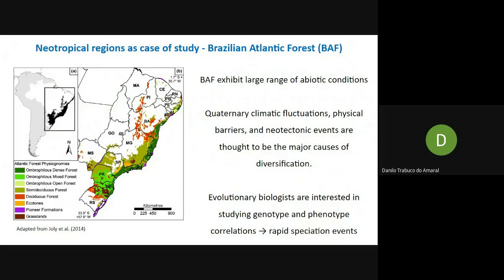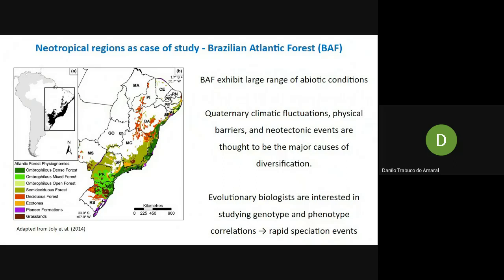Besides that, this region suffered distinct conditions during the Pleistocene climatic oscillation. There were several events of physical barriers, such as rivers and mountains, and this area also displayed several neotectonic events in the last million years that we suggest to be a major cause of the diversification of several species in this area.